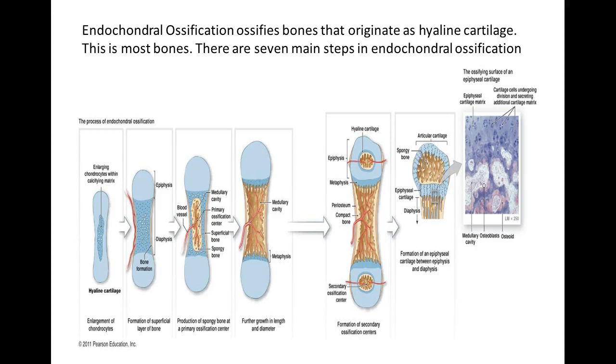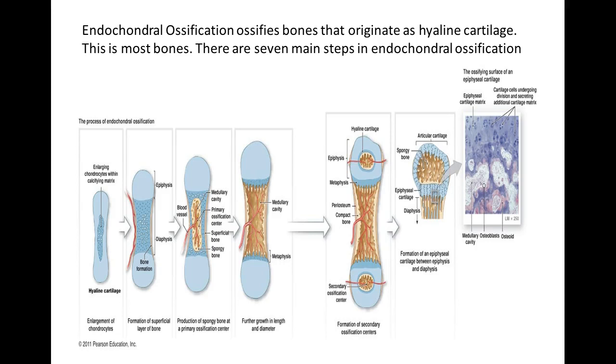But at the ends of this hyaline cartilage, you still have cartilage, and then what you'll have is ossification centers in each of those proximal and distal epiphyses. But you still have that metaphysis line, that middle line between the diaphysis and the epiphysis, and that will continually have these enlarged chondrocytes, to the point that on the diaphysis line, you have bone being created.